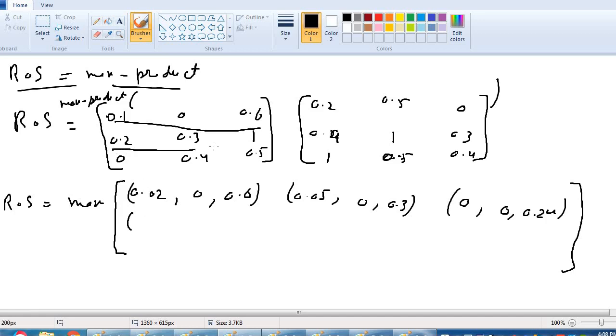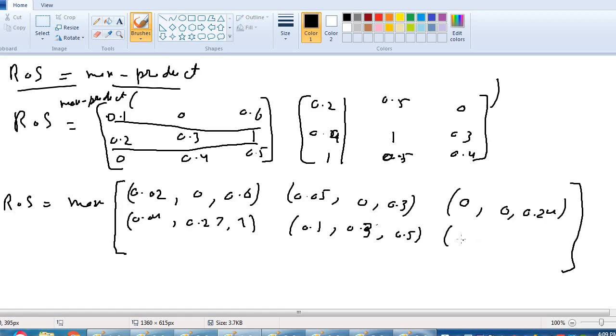Now we take the second row and multiply all the columns. First we multiply by first column, then second column, then third, and so on. 0.2 multiplied by 0.2, we get 0.04, then 0.27, then 1, then 0.1, 0.2 multiplied by 0.5, we get 0.1, then 0.3 multiplied by 1, we get 0.3, and then 0.5.